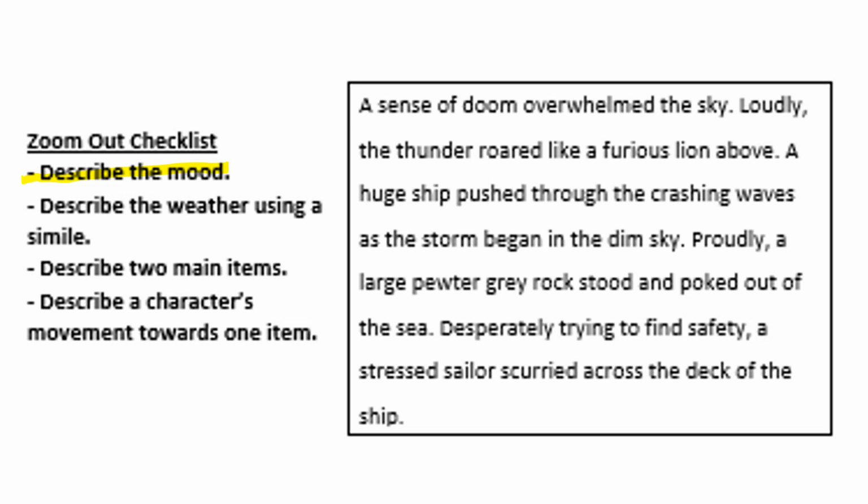Now, if I look at my paragraph, I've said that the mood is a sense of doom that overwhelms the sky. Okay, so pause the video now and carry on by highlighting the checklist and highlighting the model paragraph before coming back to the video to make any corrections.